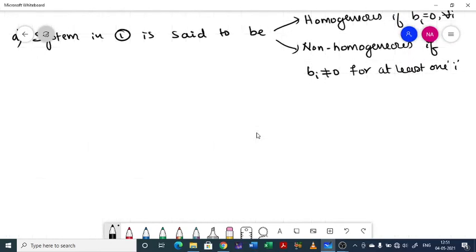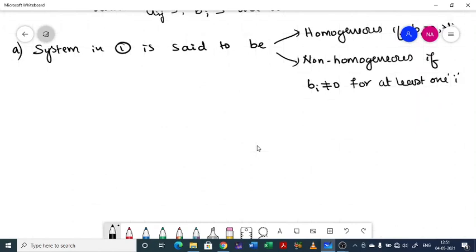Second thing, if you look at the heading of this topic, we have used the word consistency. So that comes up for discussion here. What do you mean by consistency? We say that equation 1, the system of equations written in 1, is consistent if it has a solution.